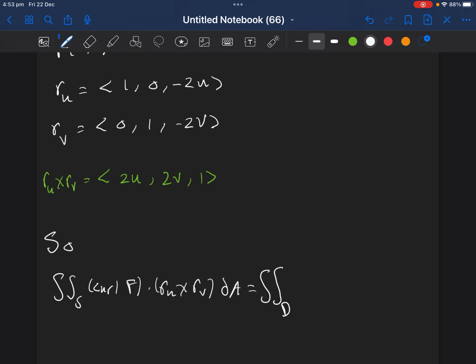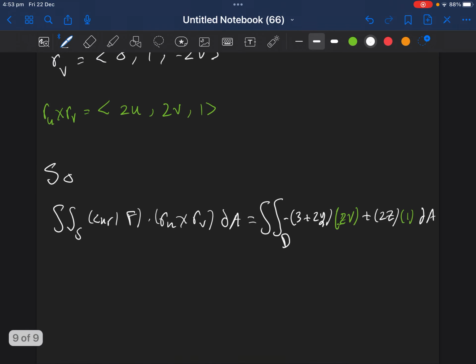Now for the curl of f, it is negative 3 plus 2y, and we multiply it by the second because it's 2v. Remember the curl starting with 0 and something else, so we just start from here, plus 2z with the third one, which is 1. And of course, this one would be a double integral dA.